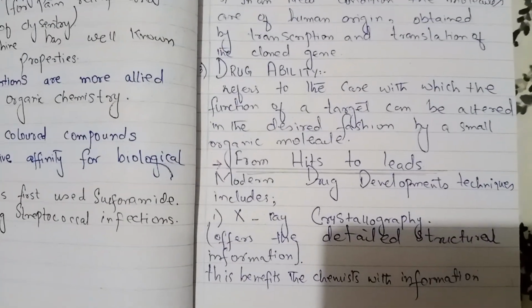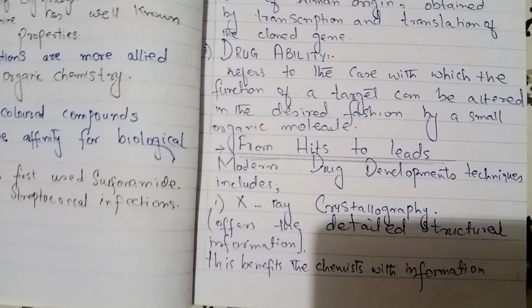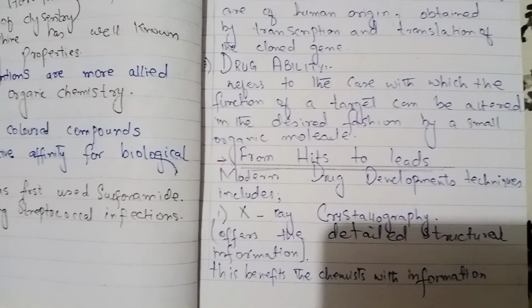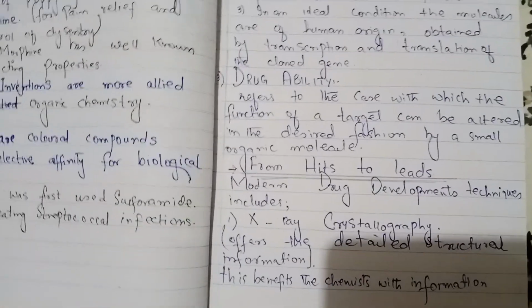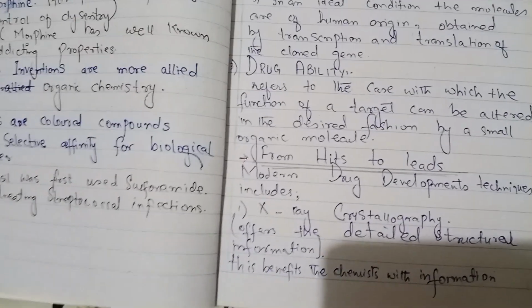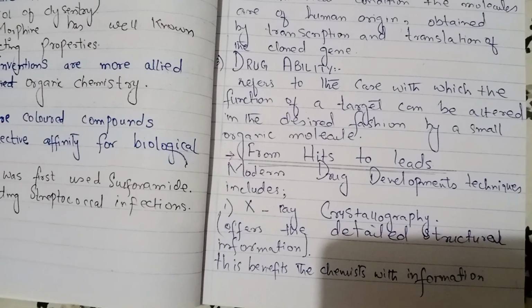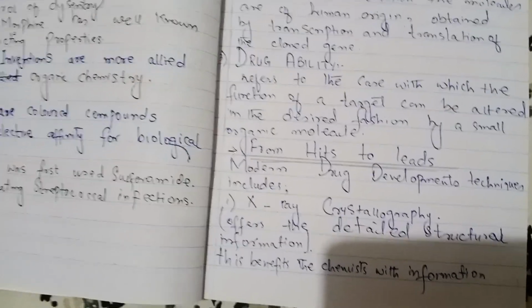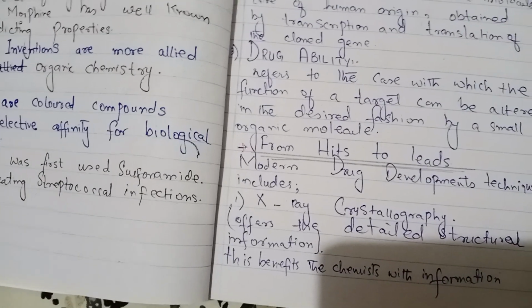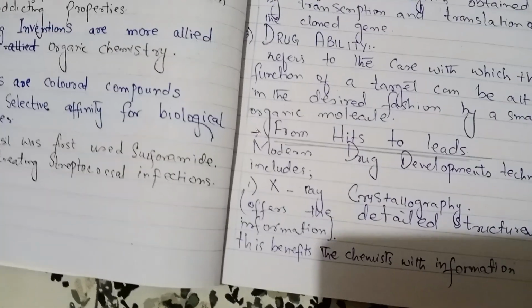From heads to legs, modern drug development techniques include X-ray crystallography, which offers detailed information. Means if you have obtained a chemical and you want to know the detailed structure information of that chemical, what you need to do is the X-ray crystallography technique.